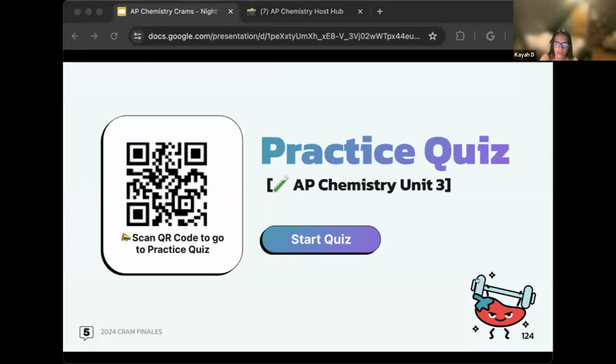Or I mean, sorry guys, I messed up. So now we're going to have Tika take over for the practice quiz. Maybe she's having some difficulties. So if you guys could go ahead, scan the QR code to go to the practice quiz.